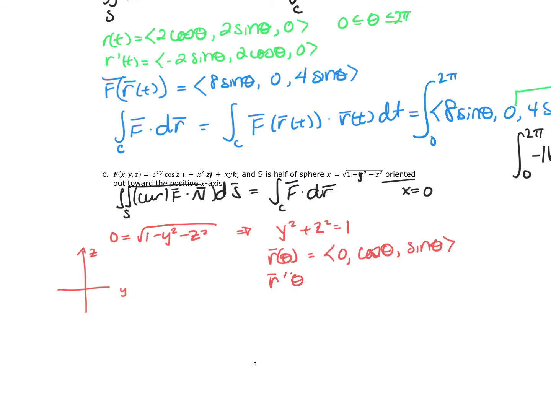r prime of theta is going to give us 0, negative sine theta, cosine theta.